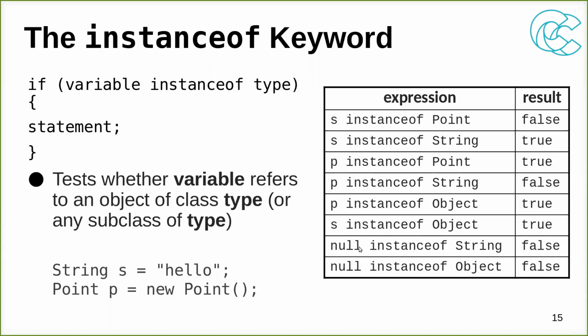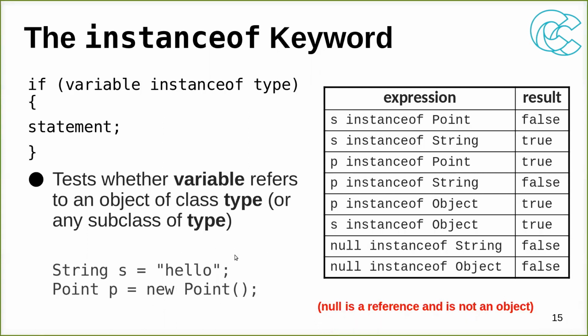So null here again, it doesn't belong to any particular type. Null is just a reference that says it doesn't point to any particular memory location. So if you say Point p = new Point, then a memory location gets created and p points to that particular memory location.